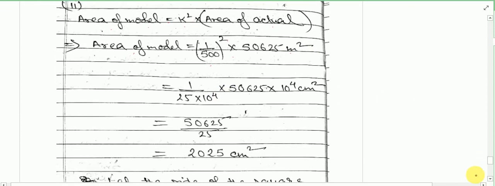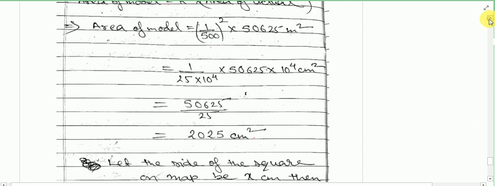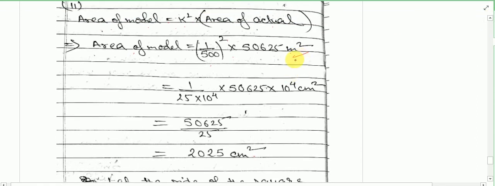Now we will simplify this and we get the area in centimeter square. Here it was in meter square, and we will try to find the area of model in centimeter square. As I had said, 1 centimeter square is equal to 1 by 10 to the power 4 meter square.